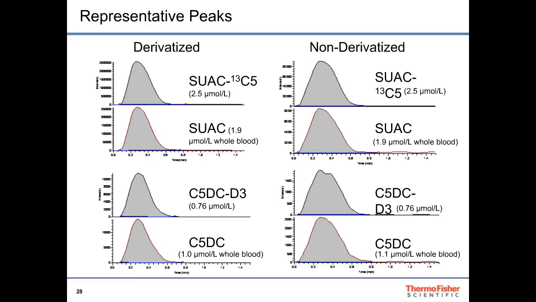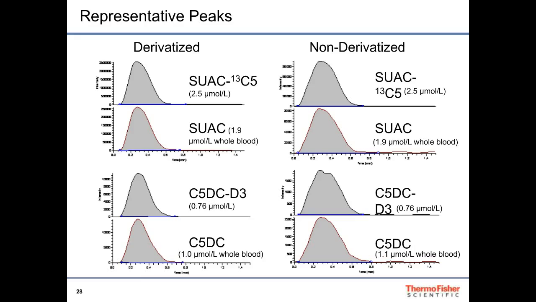Along with their internal standards, you can see that the detector's response for the butylated SUAC was over 30 times greater than that for the non-derivatized SUAC. Derivatizing the C5DC compounds increased response factor by around 5. However, the detector responses for the non-derivatized compounds were more than enough for reliable quantitation.